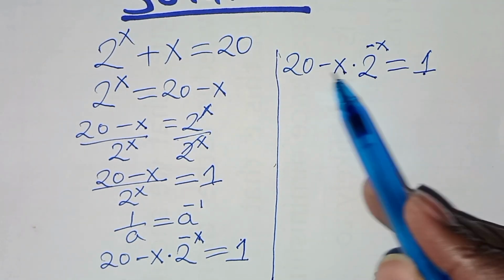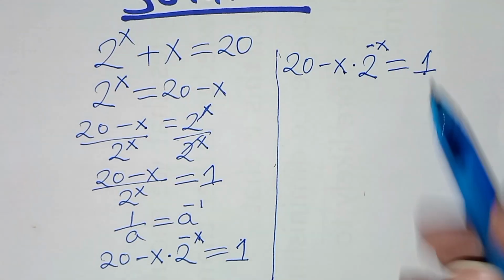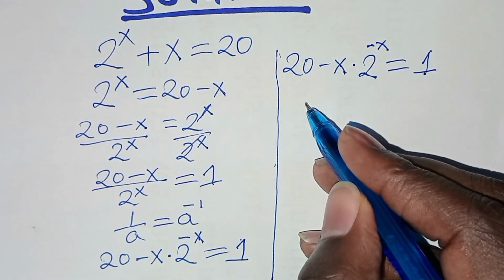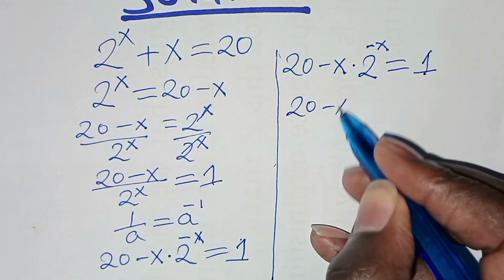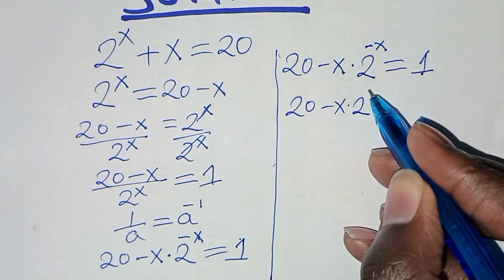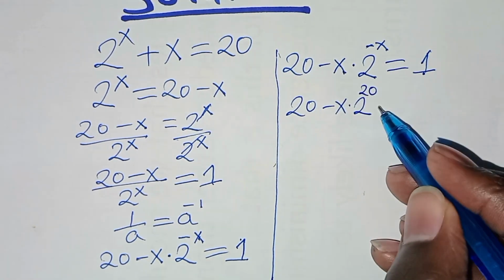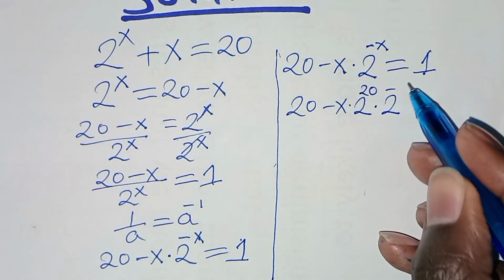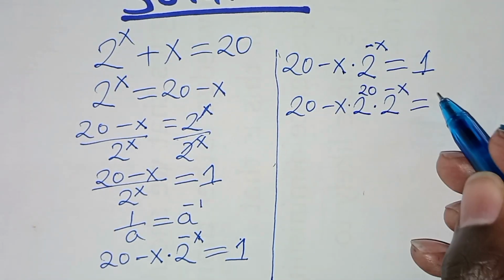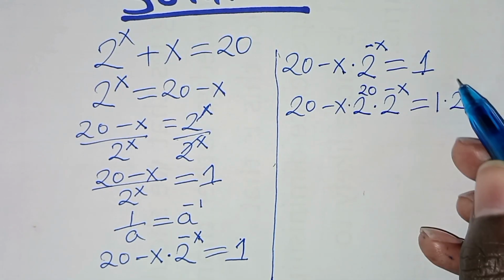So to make the coefficient equal to the power, let's multiply both sides by 2 to the power 20. We have 2 to the power 20 multiplied by 2 to the power negative x. This is equal to 1 times 2 to the power 20.